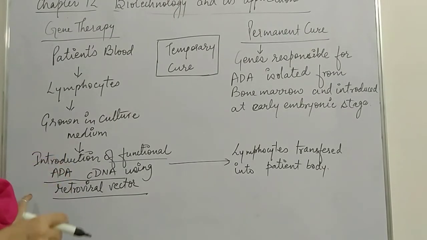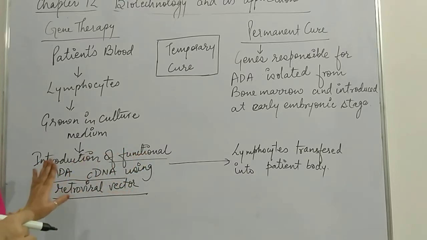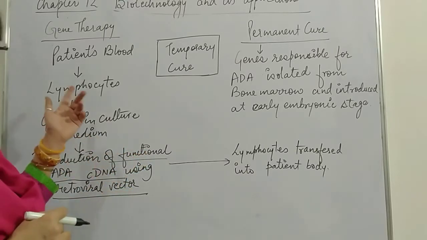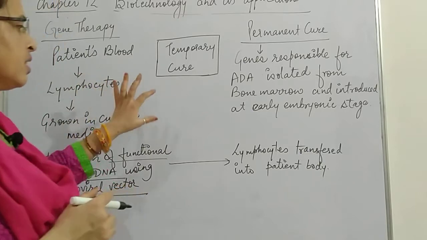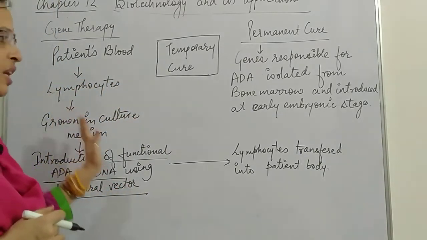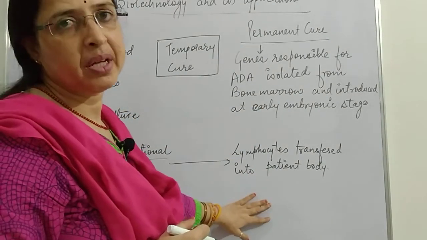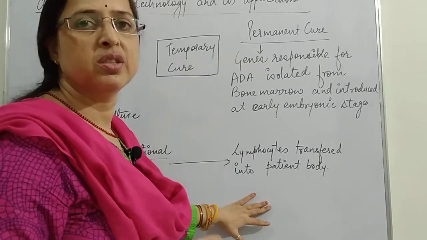That means a retrovirus is taken as a vector to transfer this functional ADA-cDNA into the lymphocytes. Then these lymphocyte cells are transferred into the patient's body or blood.